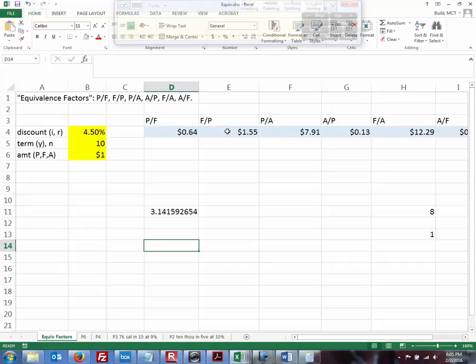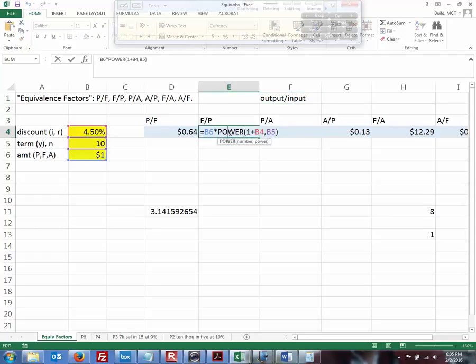As we know though, what we're trying to do is this is the input. And I'll write it this way, out. It's output over input, are the way these things are designed. So P goes in, F comes out. So in this case, again, remember this amount can be either the present, the future, or the annuity.